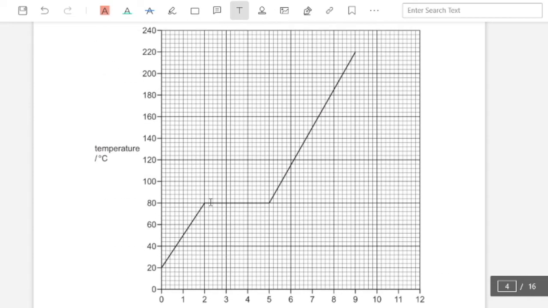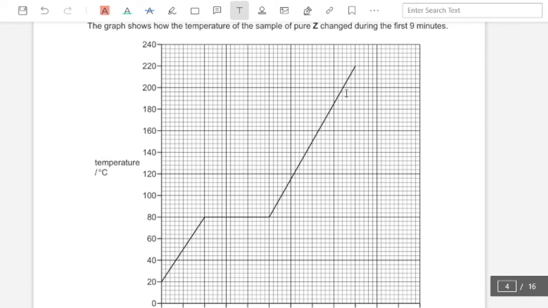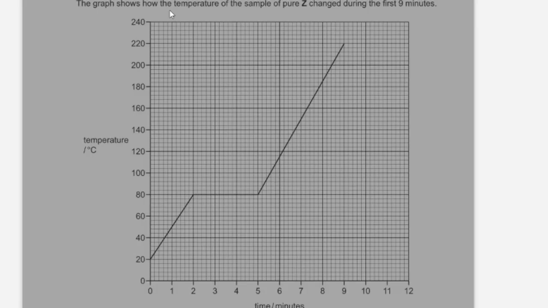So the question tells us that the substance is boiling for 2 minutes from 9 to 11 minutes, and since this is a change of state, the substance is no longer going to be increasing in temperature. Instead, the energy is going to be used to break the bonds between the liquid to move the particles further apart and form gas. So this is going to be another straight line from 9 to 11 minutes, like so.